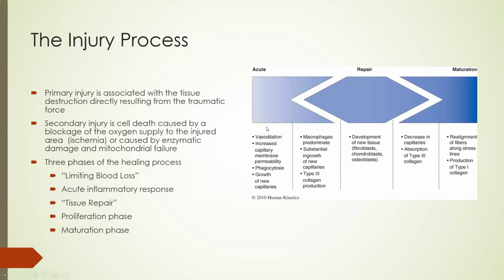But that's really two different phases. It's going to be our first limiting blood loss phase. Then it is going to be our acute inflammatory phase. Then we start to get into tissue repair and proliferation, and then maturation.